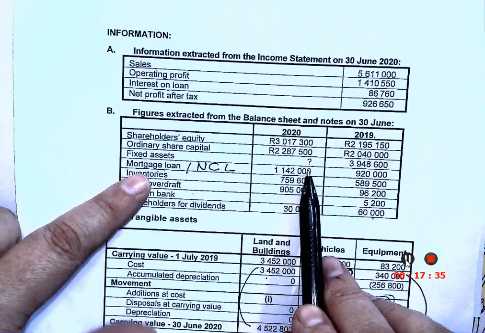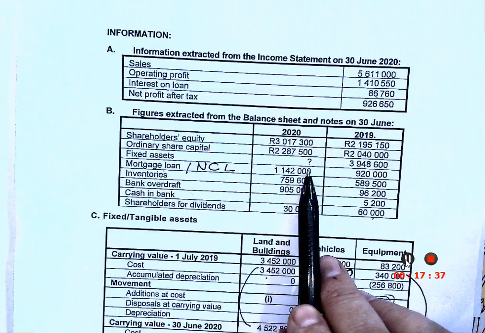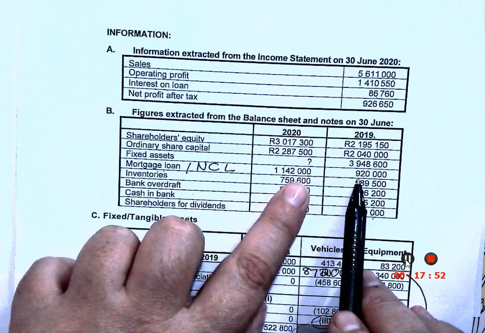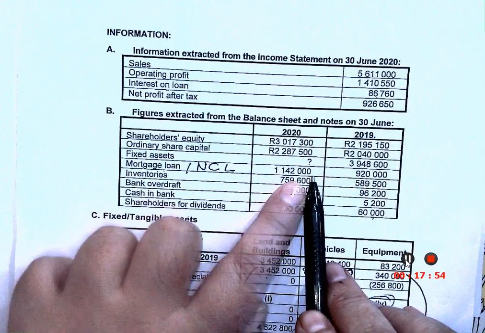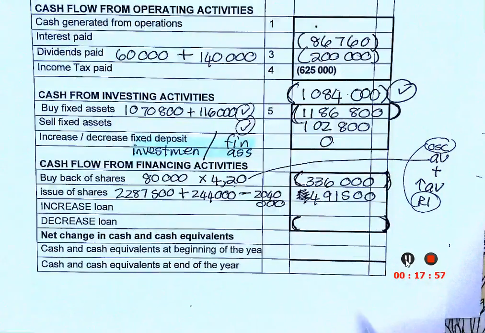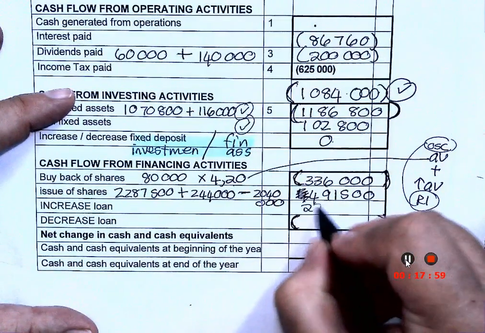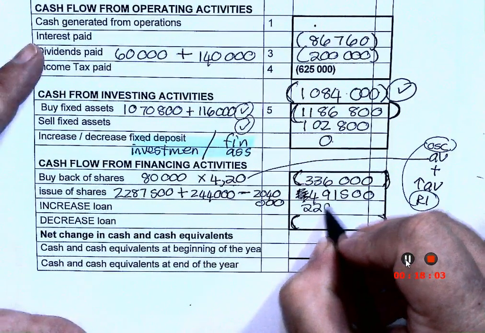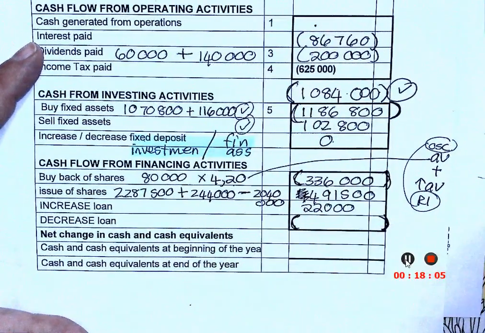Remember, if they give me information about paying back the loan, then you have to go do a little T to see if you didn't maybe also obtain a loan. Okay, but they didn't give me any information, so now I just take the difference, and the difference is going to what? 22,000.